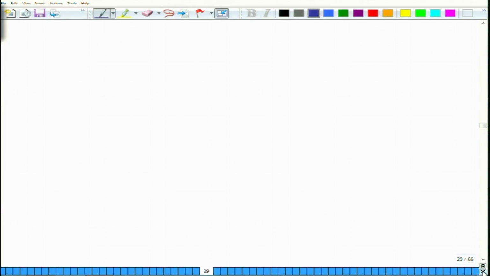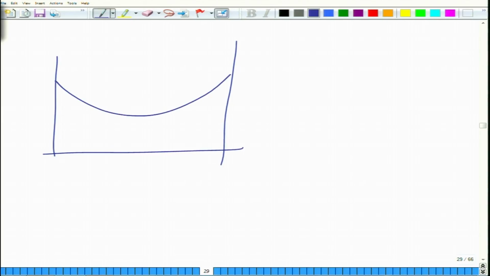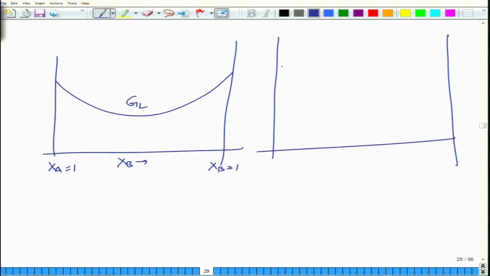So, now let us look at, when you plot the free energy of solid and liquid phases, they look something like this. This is GL, and this is GS, a fairly similar curve.